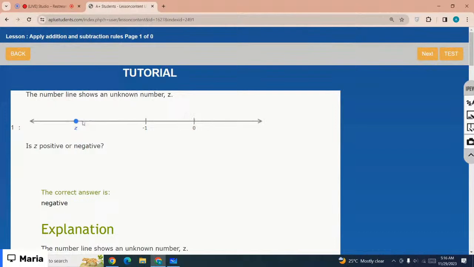So that means the number is negative. If the number is on the left hand side of the zero, the number is negative. And if the number is on the right hand side of the zero, the number is positive, right?